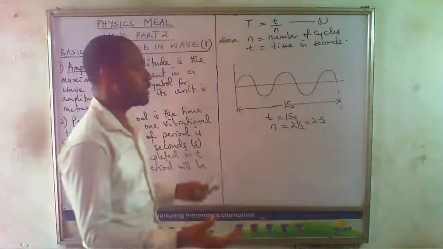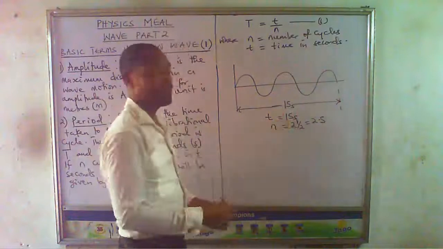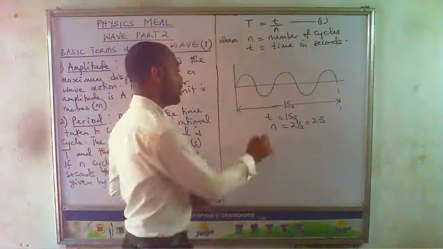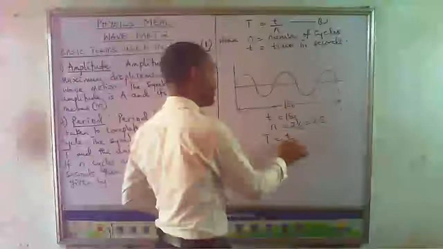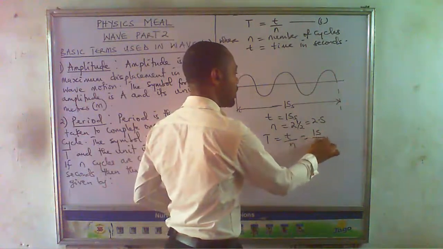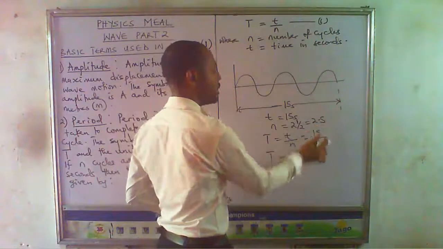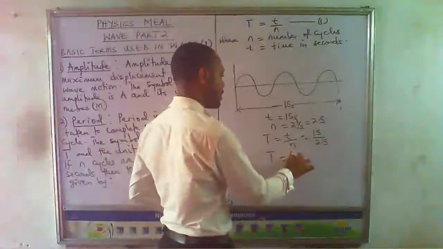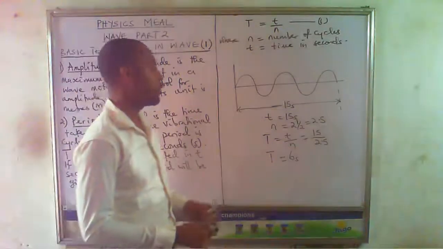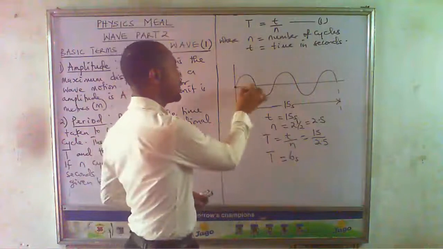So in such a situation, we know the number of cycles, we know the time, then we can comfortably find the period by just saying T is small t over n. And what is small t? 15 seconds divided by 2.5. At the end of the day, we are going to have 6 seconds. And that 6 seconds becomes the period. Period is the time taken to cover one cycle.